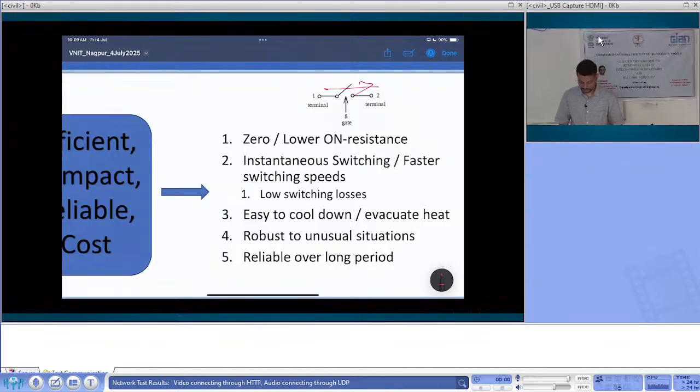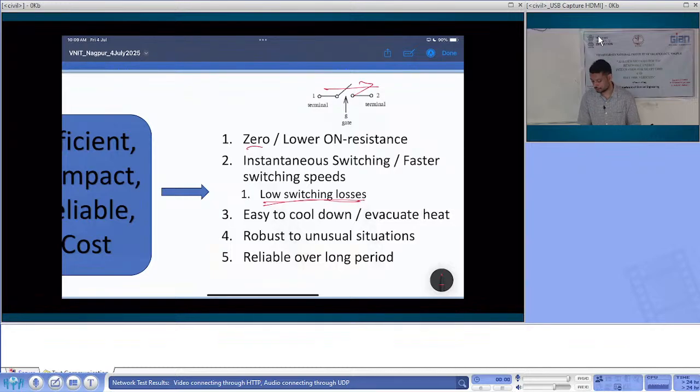Then when the switch is doing switching, on off, again ideally there would be no loss, but in reality, because it would take a finite time for the current to go to 0 and a finite time for the voltage to rise and so on, there is an IV overlap which causes switching losses, right? So again, we would like low switching losses.